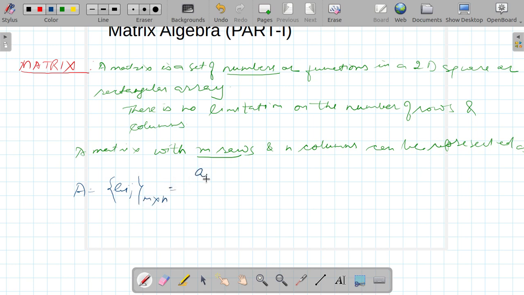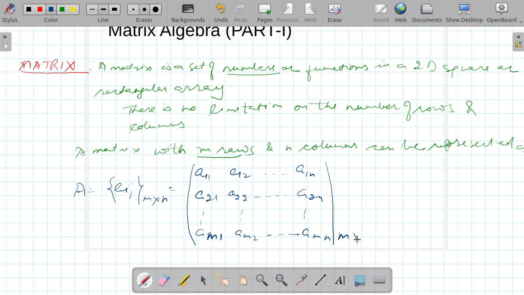in general it is written as A11, A12 and so on, A1n, and A21, A22 and so on, A2n, and so on, Am1, Am2 and so on, Amn. Here it has m number of rows and n columns, the mth row, and it is known as the nth column.